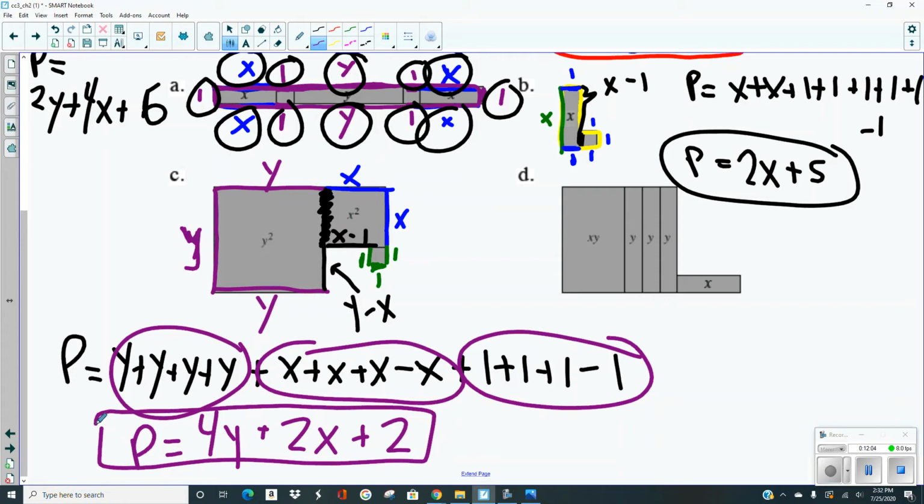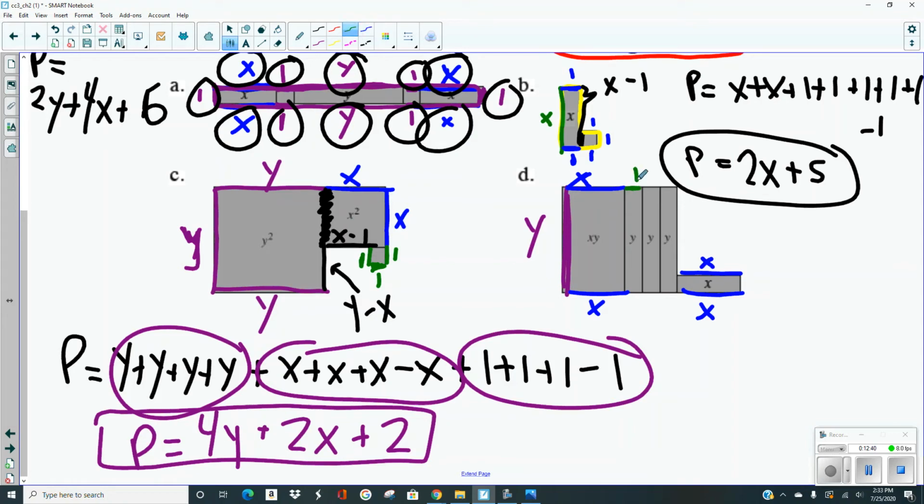Okay, now let's take a look at our last one. Again, pause the video and give it a try. All right, so here we have Y. Then I have here X, and an X. That would be an X, and this is an X. And let me label the 1's.